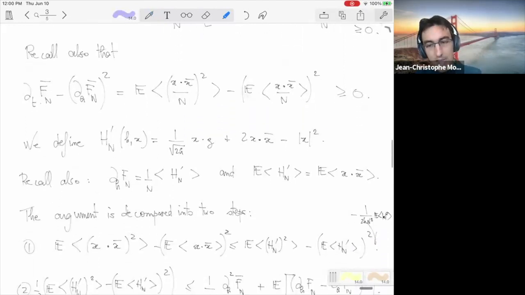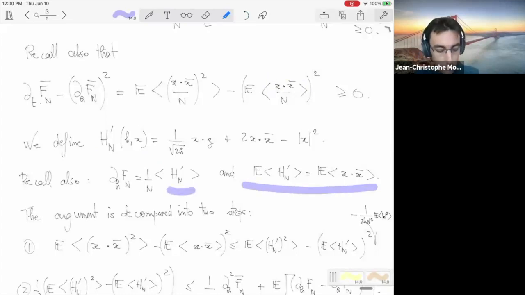Now, I claim it's nicer to think first about the variance of Hn prime. And there is a clear relationship between Hn prime and x dot x bar, because, for instance, we have this relation, and Hn prime is what we get when we differentiate with respect to H. So it makes sense to think about the fluctuations of Hn prime first of all.